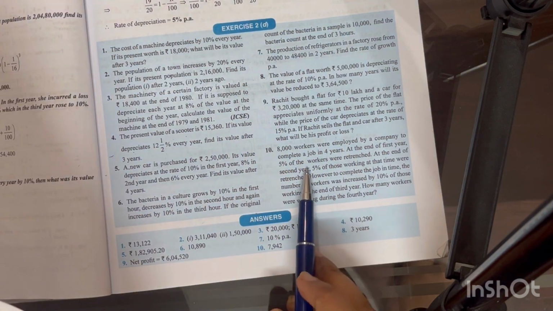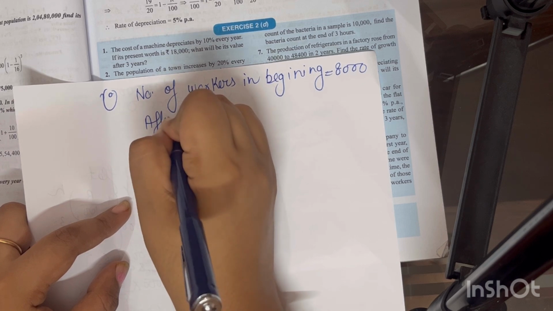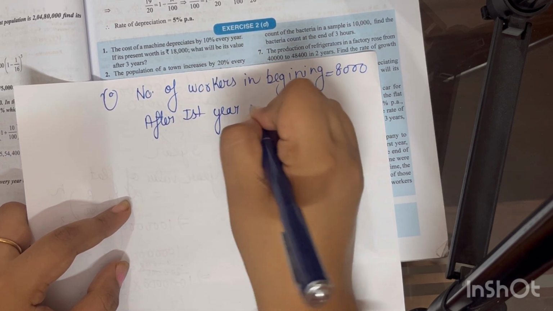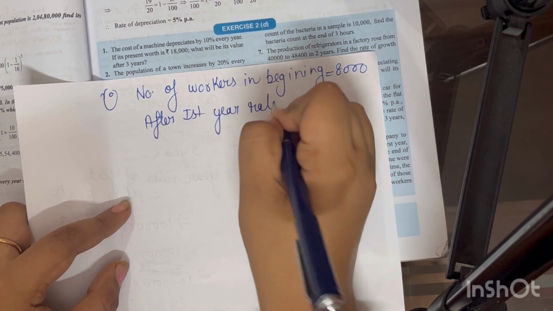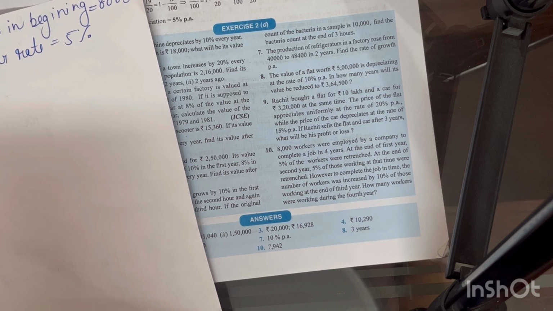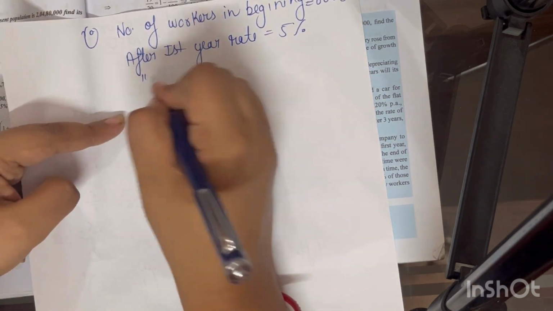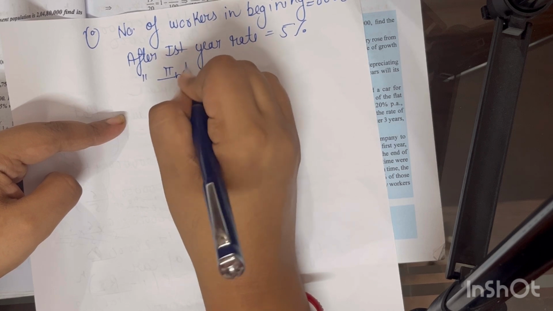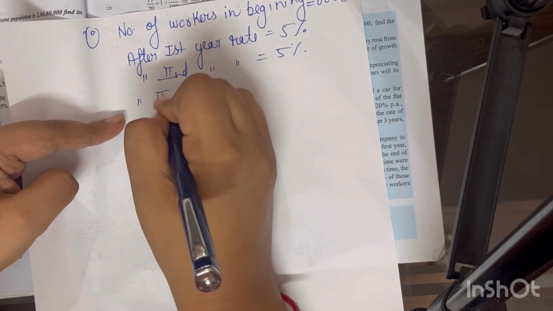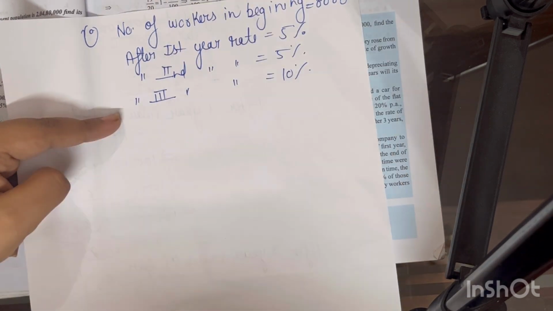After first year, the rate is 5%. After second year, the rate is 5% again, and after third year, the rate is 10%.